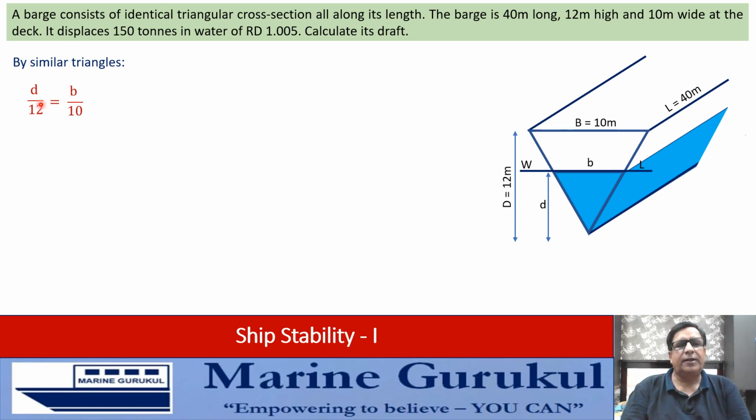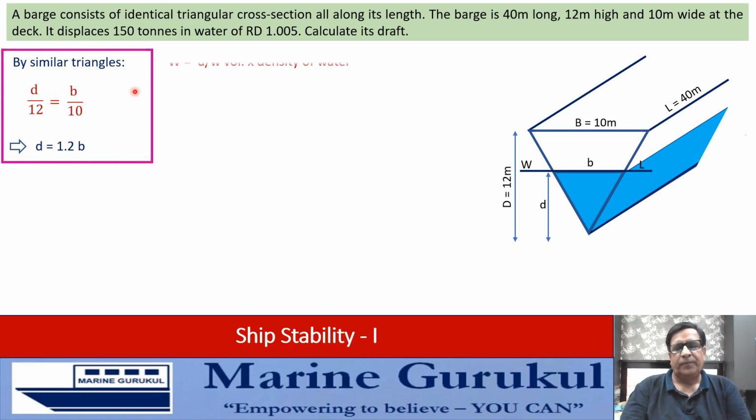So d by 12 is equal to b by 10, which gives us the relationship between draft and small b. The draft is equal to 1.2 times small b, where b is the breadth at the water line. So this expression gives us a relationship between d and b.